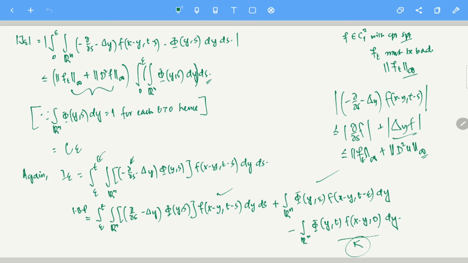If I am taking the s variable from epsilon to t, what happens to this particular term? If you think about it carefully, phi is a fundamental solution, and s is from epsilon to t, so s is not touching 0 here. This particular term becomes 0 because phi is a fundamental solution of the heat operator, so del s minus delta y of phi is going to be 0. So this term vanishes, and I am only left with this term.